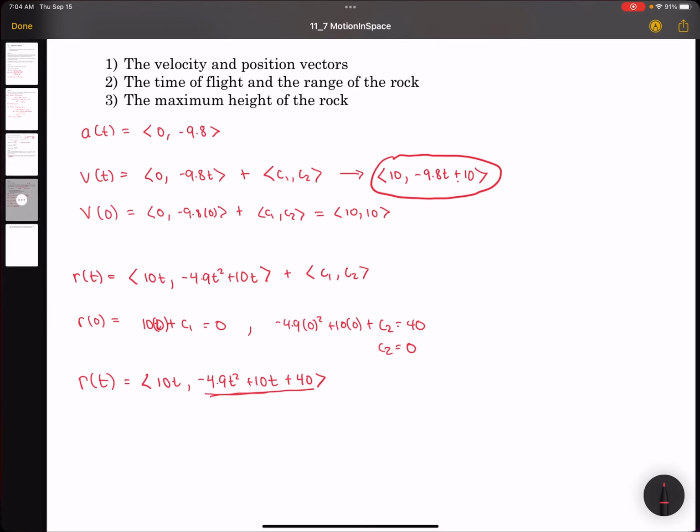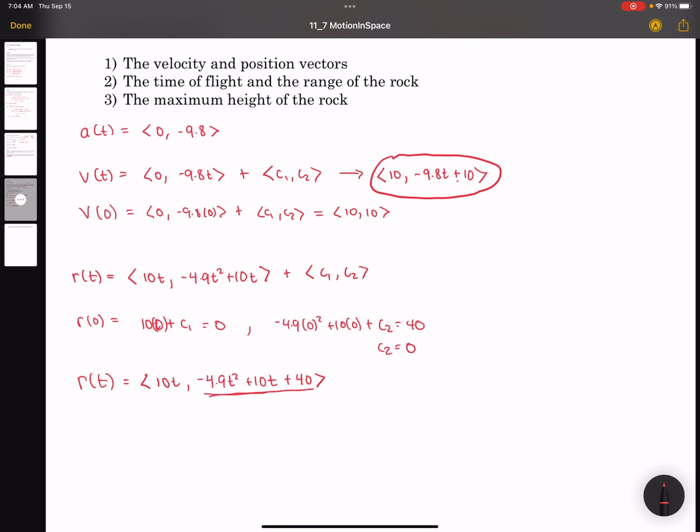So for part 3, the time of flight is 4.05 seconds.